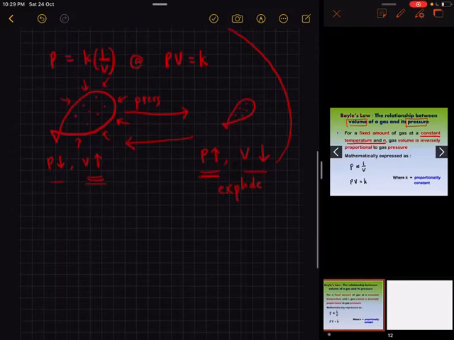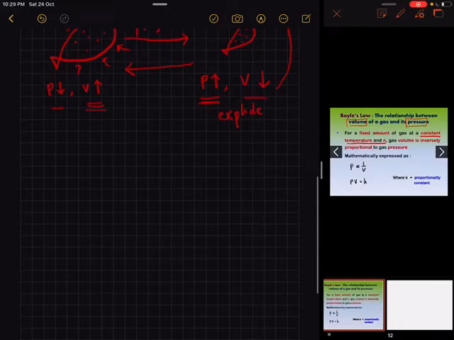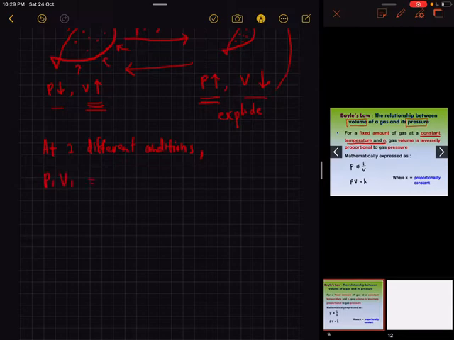Alright, now, so when you have two different conditions, okay, so the formula akan becoming P1 V1 equals to P2 V2.